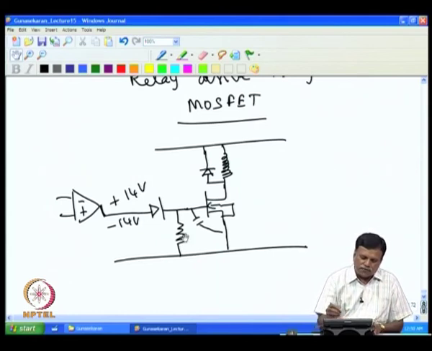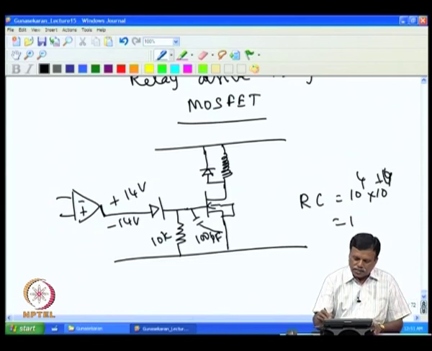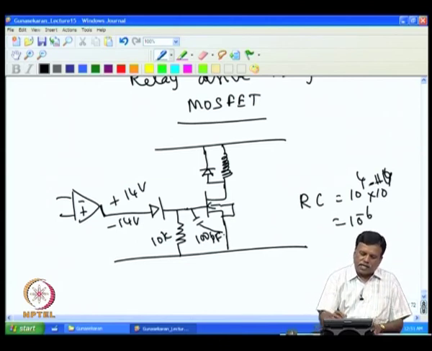The switching off time would depend on this capacitor, for example, if it is 100 pF, and if I have 10 k resistance, then the RC time would be 10 power 4 into 10 power minus 10, so the time constant comes out to be 10 power minus 6, that is 1 microsecond. So, in a few microseconds, in a few time constants, it will discharge.